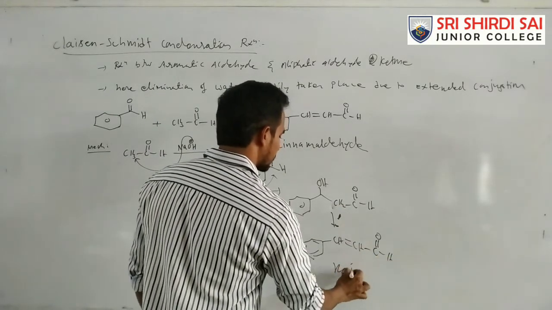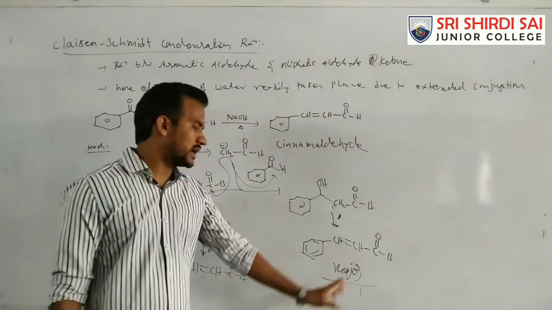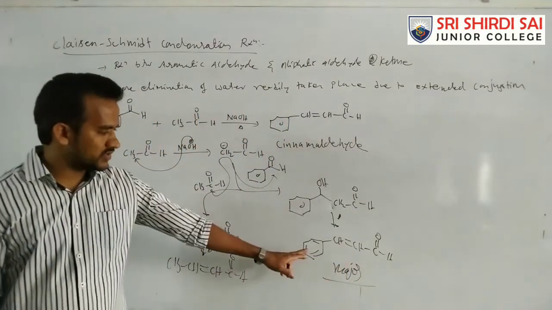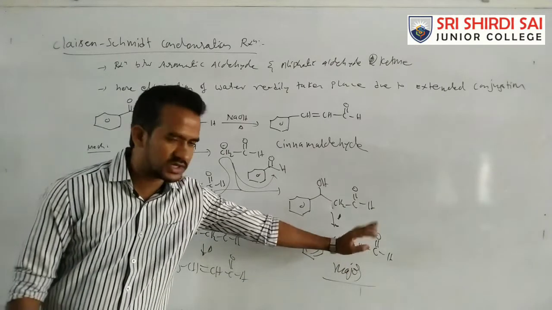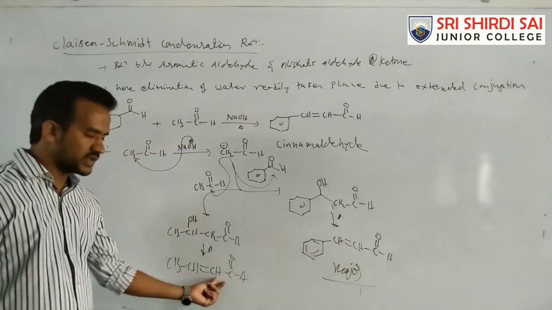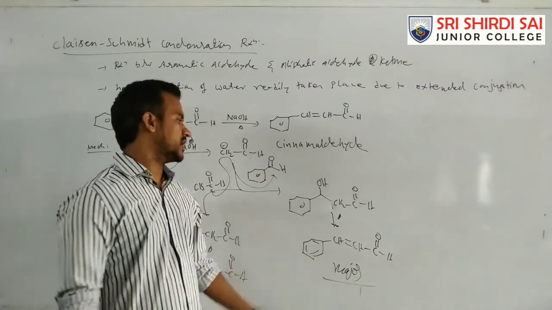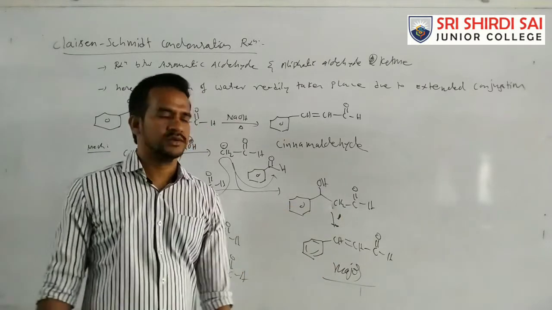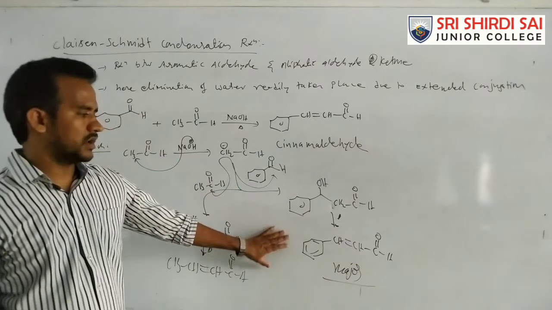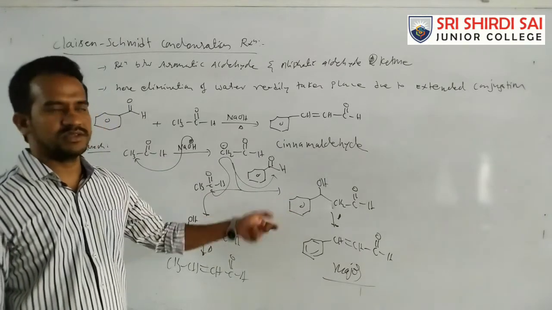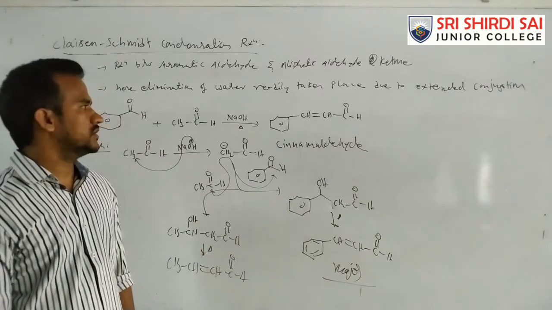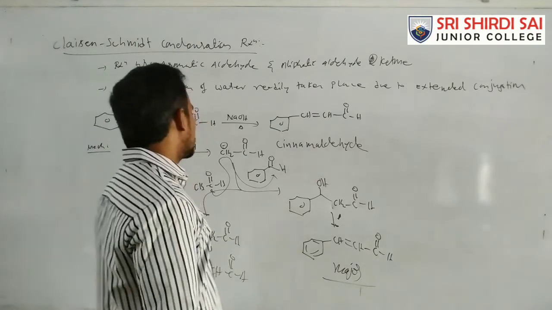This is the major product. Why is it the major product? Because it is highly stable. Here there is conjugation between the benzene pi bond and the C double bond, whereas in the other case there is conjugation only between two pi bonds. With extended conjugation, the water molecule is removed easily. That is one of the additional advantages of this Claisen-Schmidt reaction.